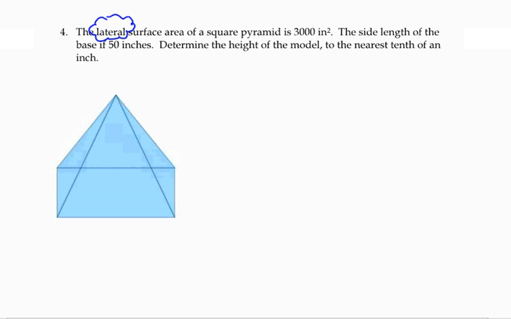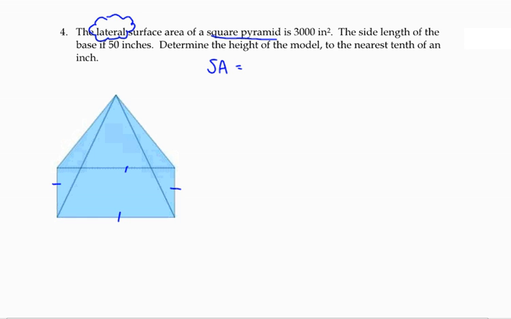So this lateral area, what's included in that lateral area? What shapes? The 4 triangles, and are they the same or different? If it's a square pyramid, they're all the same.